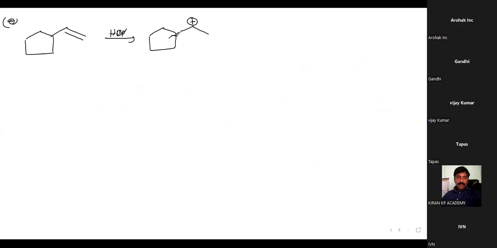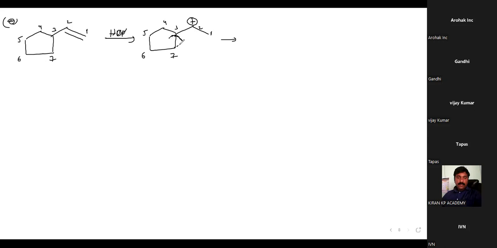Now let us make sure how this bond breaks. Let us break the bond over here. I'll give you the numbering to understand better: 1, 2, 3, 4, 5, 6, 7. Now this bond gets broken.